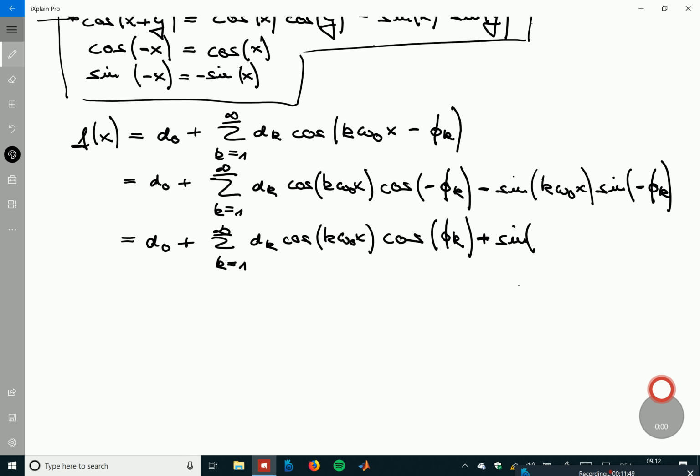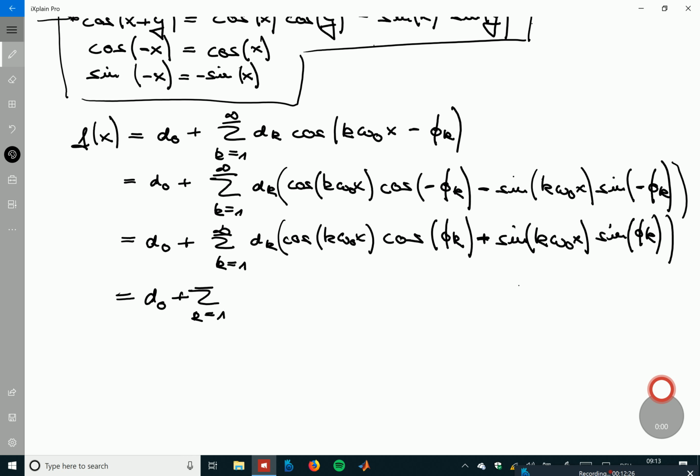So we get sin(k omega_0 x) sin(phi_k). So far happy? This just follows from these equalities that I pulled out of the head a minute ago. Then we can expand the, what I'm missing here is brackets. Of course, I need brackets.